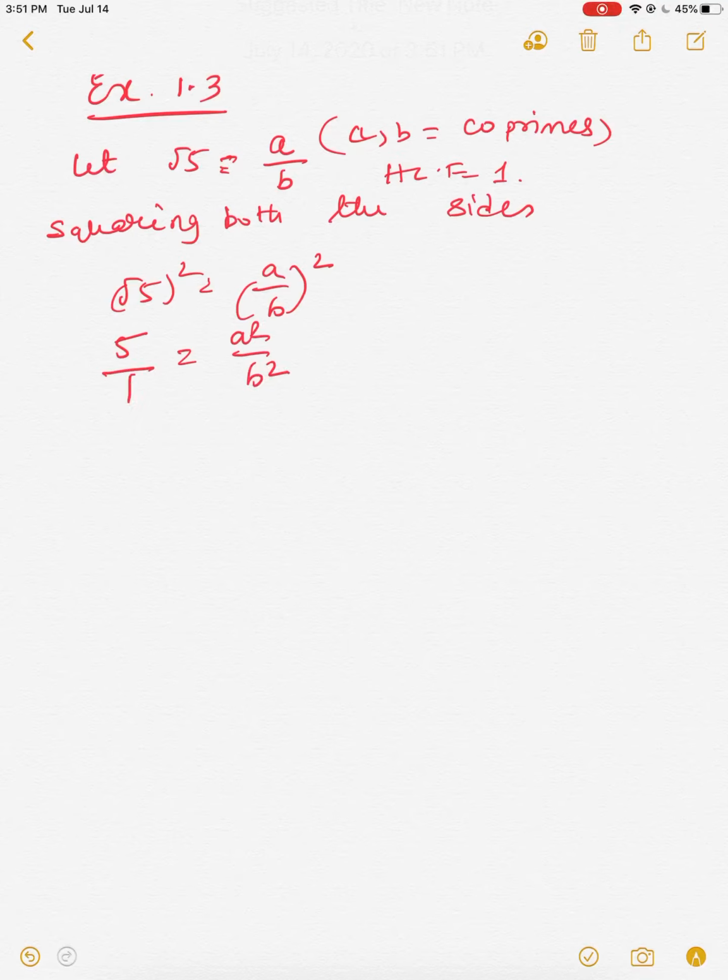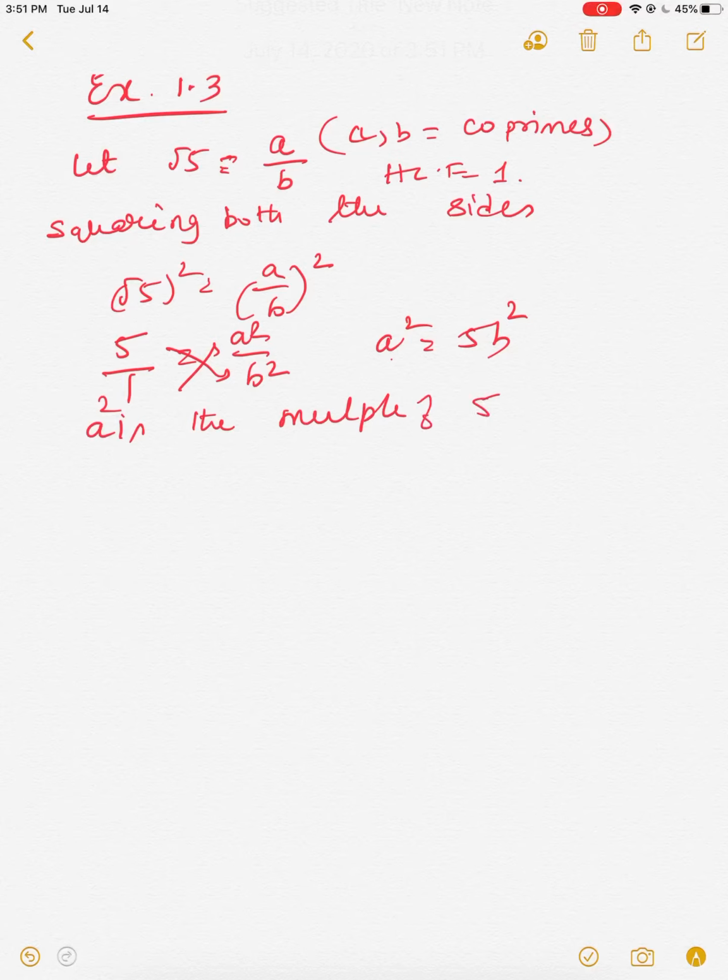Now 5 upon 1, cross multiplication. We can write like this: a square is equal to 5b square. That means a square is a multiple of 5.